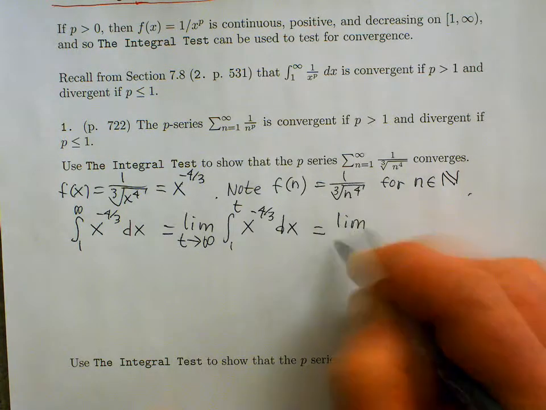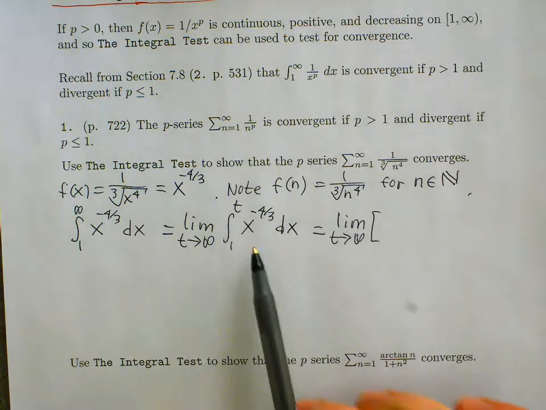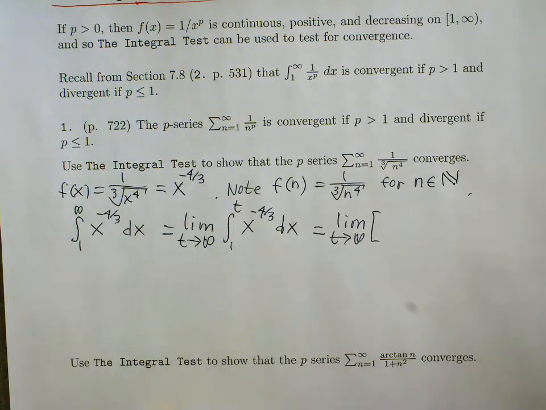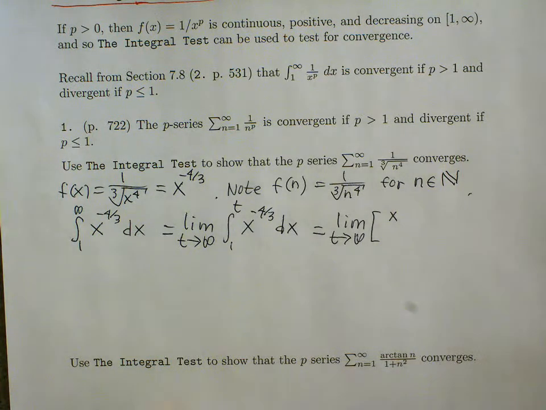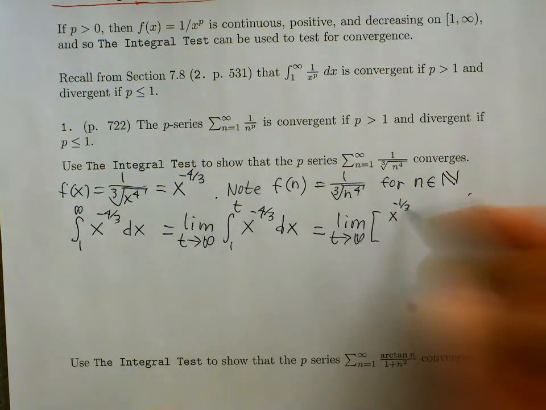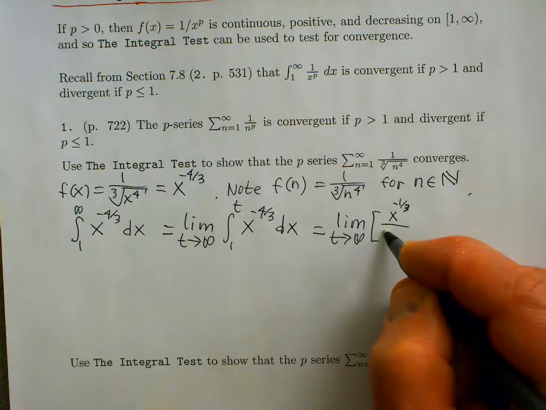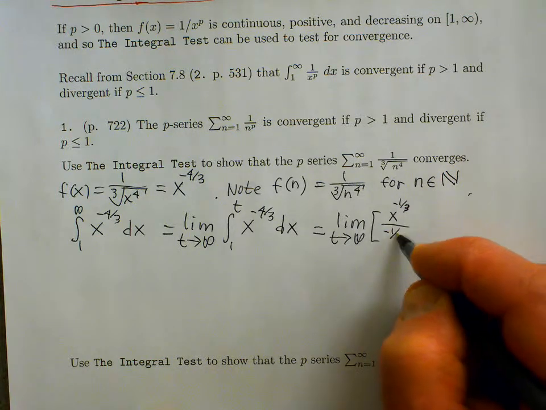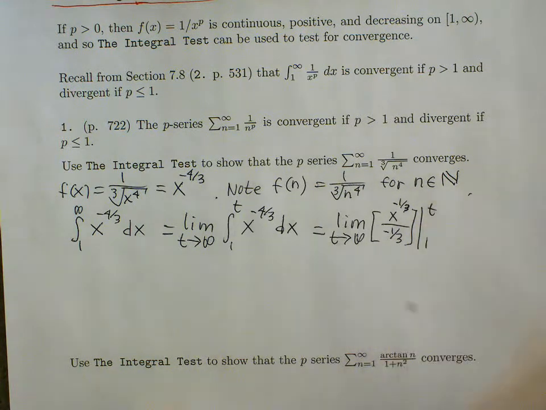So this is the limit as t approaches infinity, an antiderivative of x to the negative 4/3. x to the negative 4/3 plus 1 is x to the negative 1/3, and then divided by negative 1/3 from 1 to t.